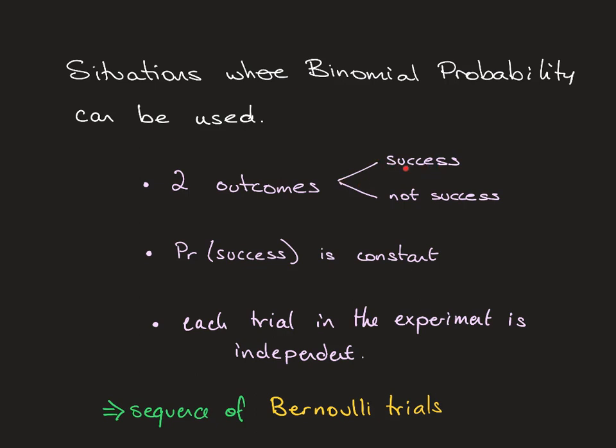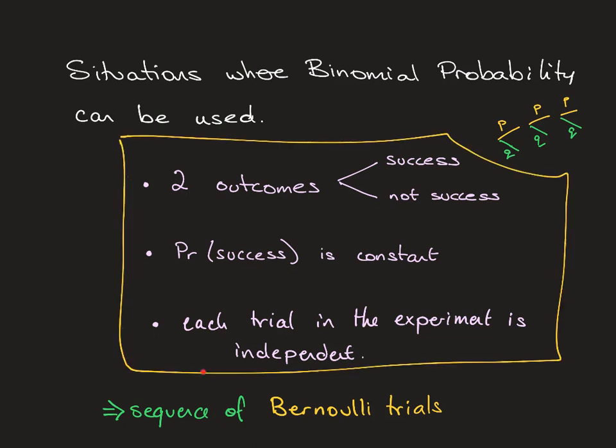And we label these outcomes as being either success or not a success, or a failure, if you like. The probability of success is constant, so it doesn't change at all. And each of the trials in the experiment is independent of each other, so that the probability of success is the same no matter whereabouts it is on the tree diagram. And the probability of failure is also the same no matter where it is on the tree diagram.